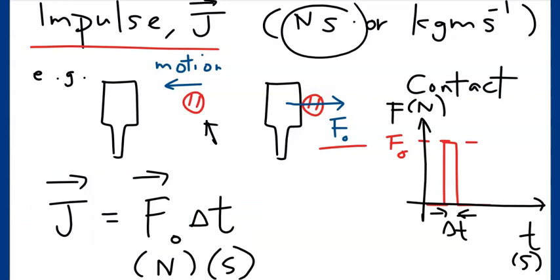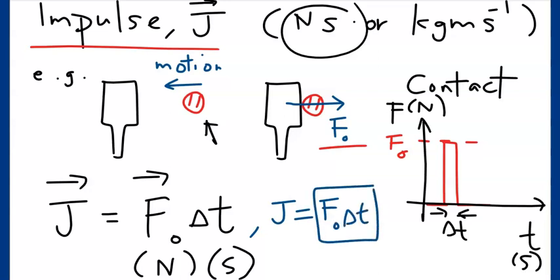One can also immediately see that the magnitude of the impulse is F0 delta t, and F0 delta t is quite simply the area under this graph, the shaded region in red right there.